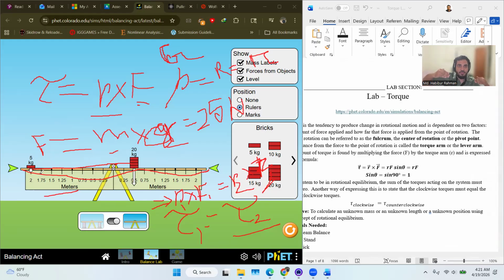Might be one side is heavy, but in the distance here you will see that 20 kg is how many times 5 kg? 4 times. You'll see that I am putting the mass at 0.5 meter. So the mass on the other side is 4 times more. To understand? 4 times more. So 0.5 times 4 is 2 meters. It's at 2 meters.